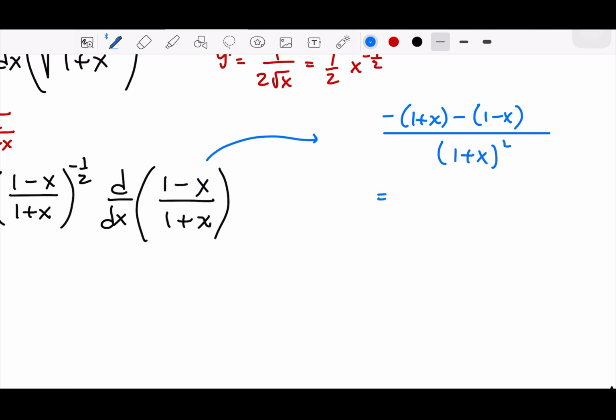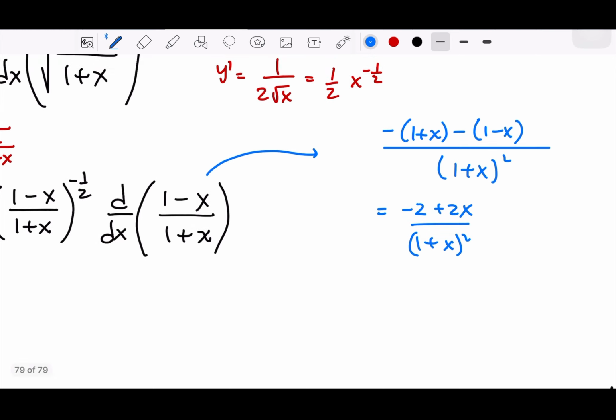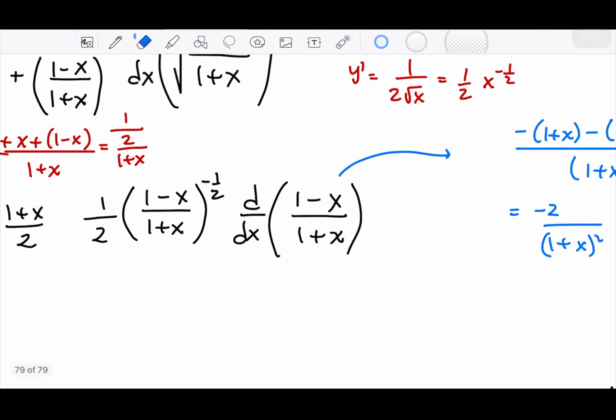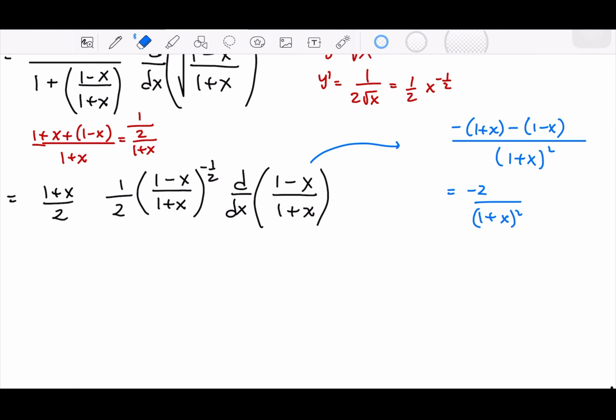And this will result in negative 2. Oh, no, it should be 0, right? It should be 0, so sorry. Okay, and I think this is a good number.